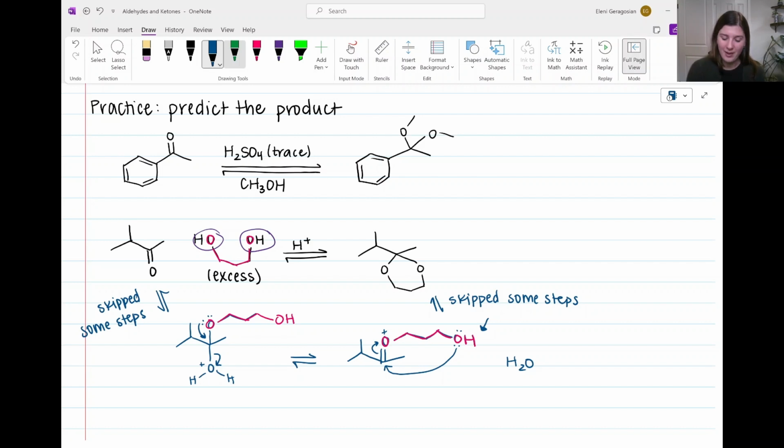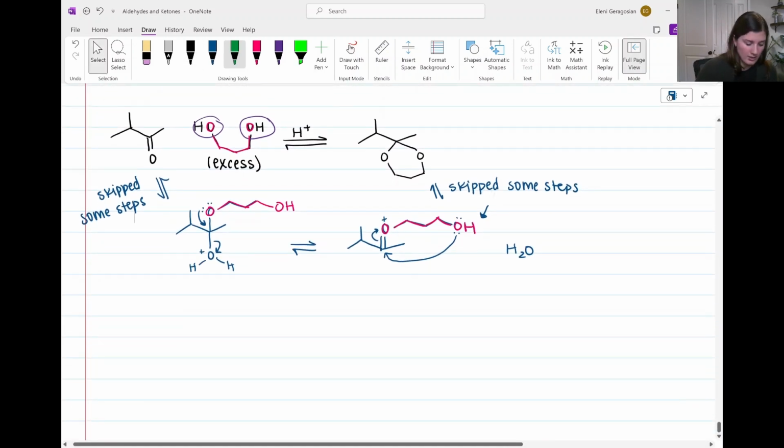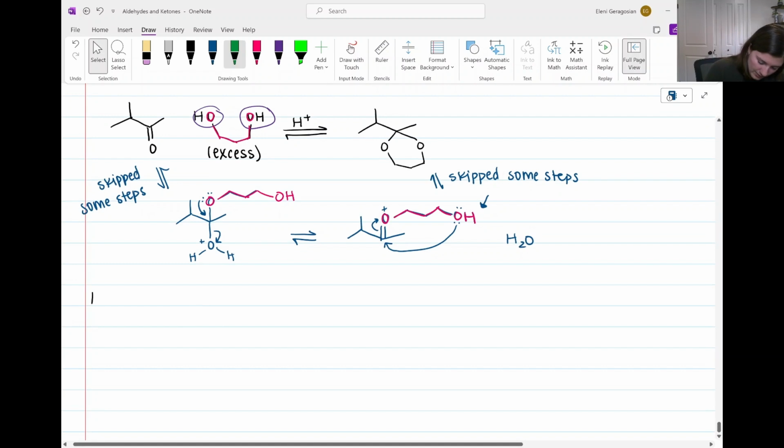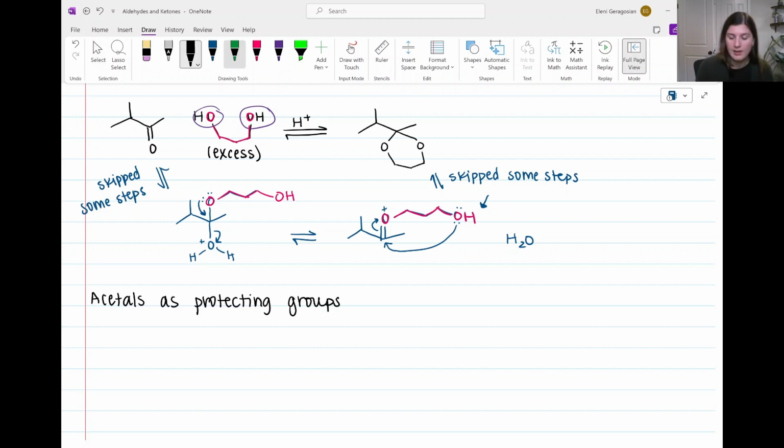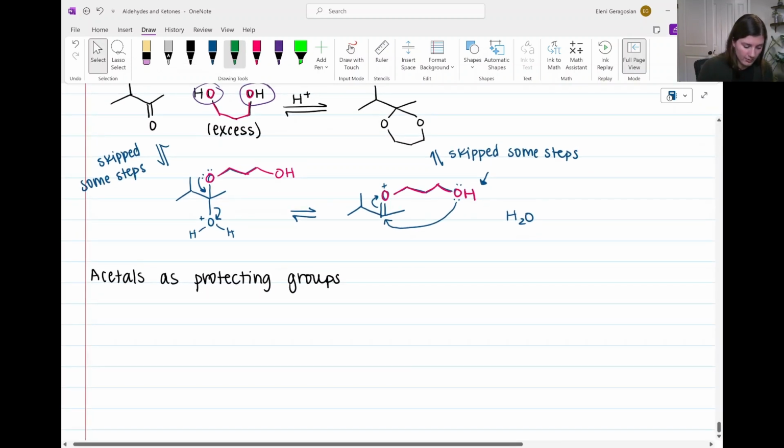And this is how acetals and ketals are often used in industry. We call them protecting groups. So we'll just label this part acetals as protecting groups. And let's say we want to carry out this reaction here.